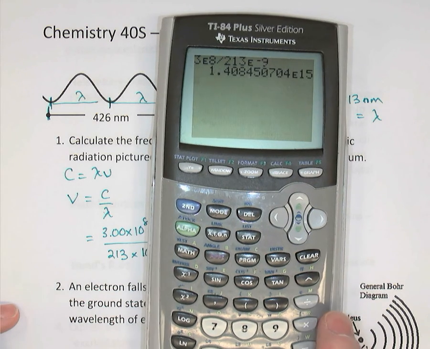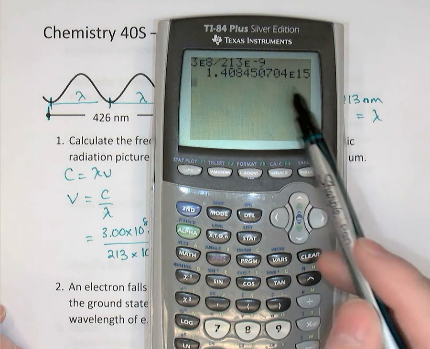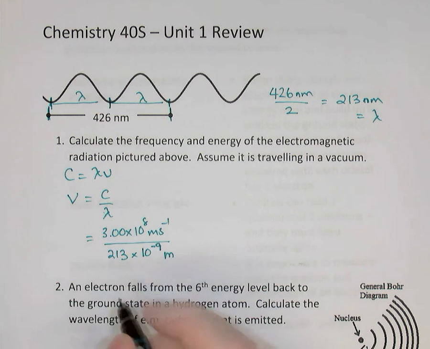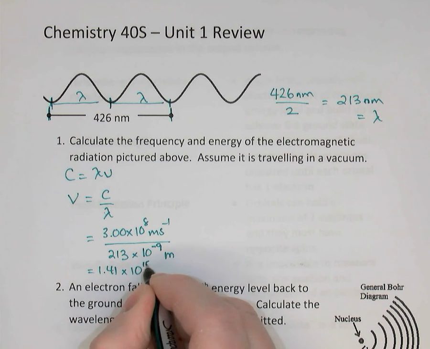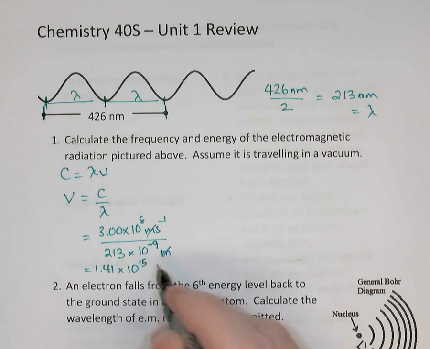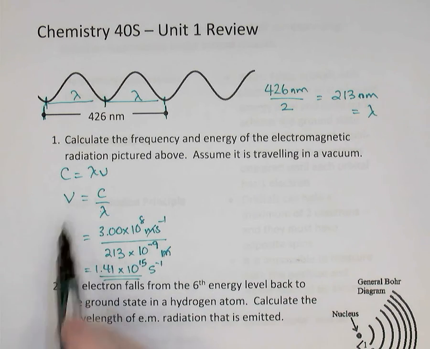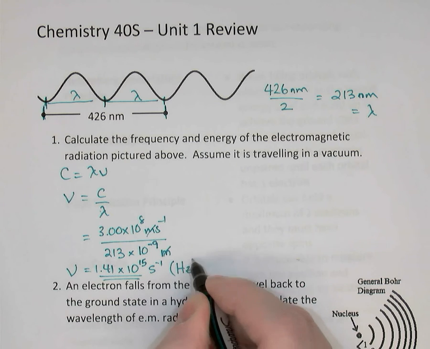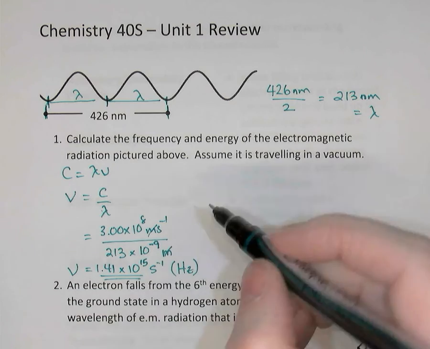And then equals 1.41, we round it off to 3 significant digits, times 10 to the power of 15. So 1.41 times 10 to the power of 15. Notice the meters cancel, and we're left with per seconds as the unit for frequency. Remember that frequency can also have units called hertz, and they're the same units as per second.